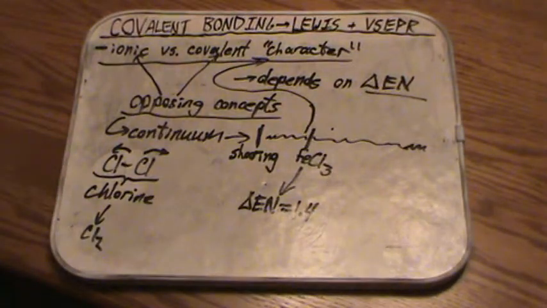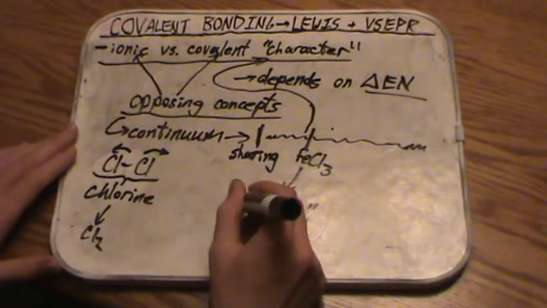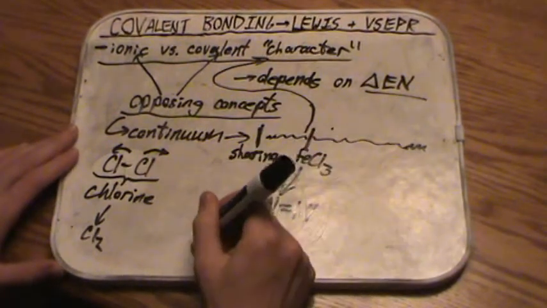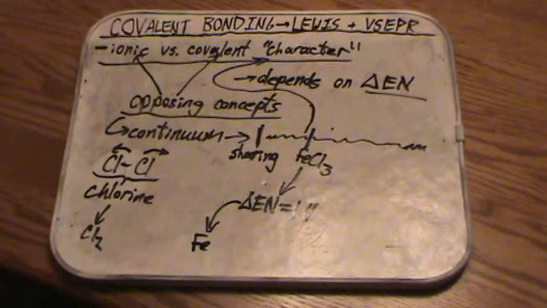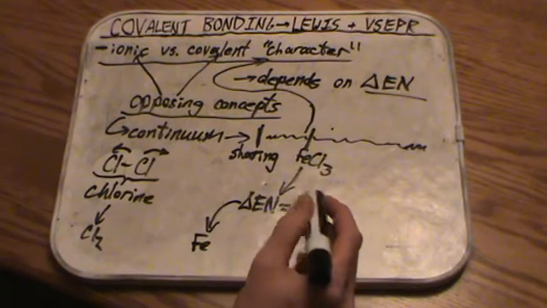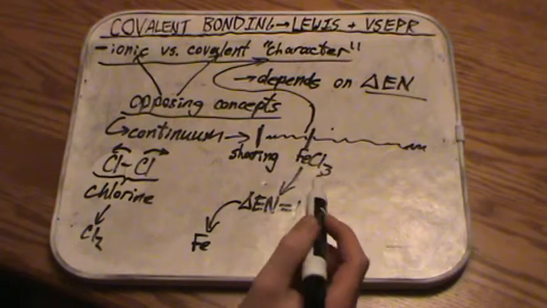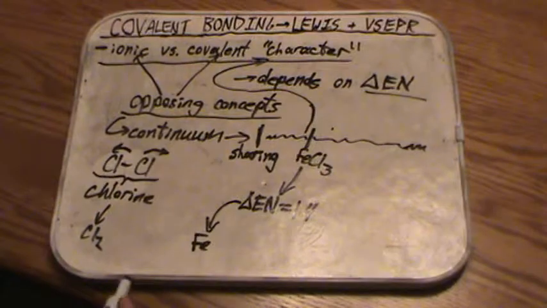And I deemed it to be more ionic than covalent in the sense that the iron as a metal achieves great energetic stability when it simply gives away 3 electrons. When it simply gives away 3 electrons, it has a half-filled 3d orbital, and it has an empty 4s orbital.